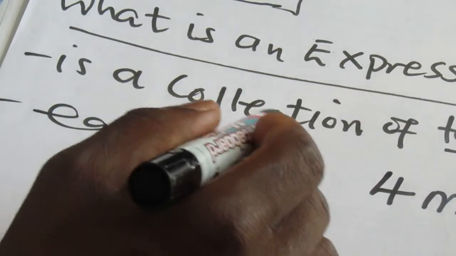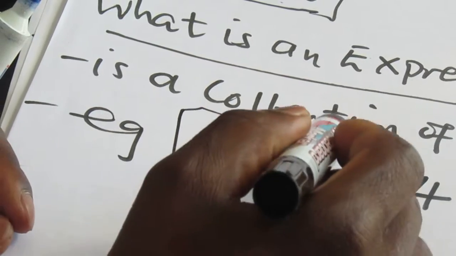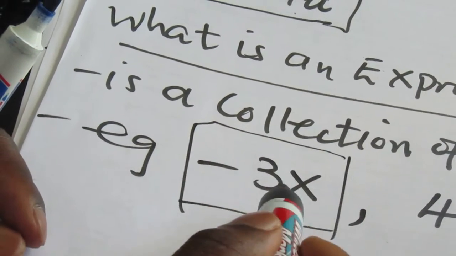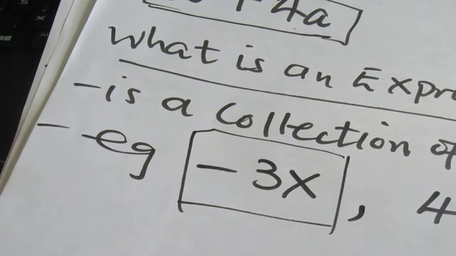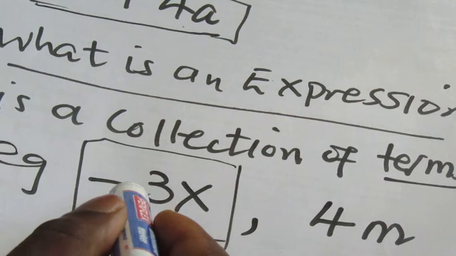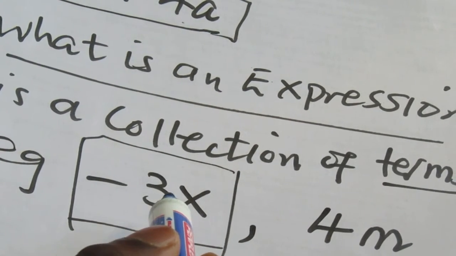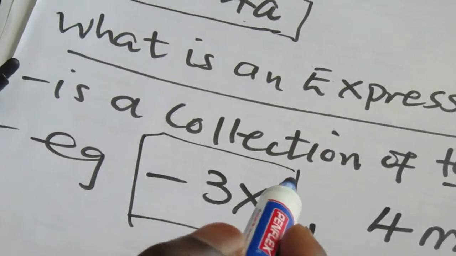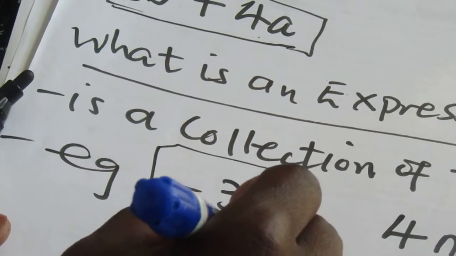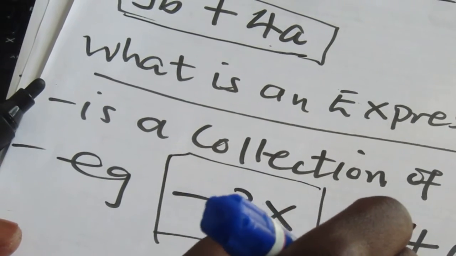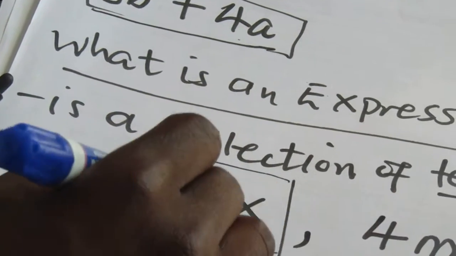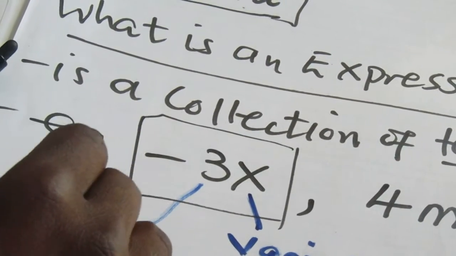Let us look at this term. Minus 3x is a term, and remember I said a term consists of a coefficient and a variable. In this case, x is a variable and the minus 3 is the coefficient.